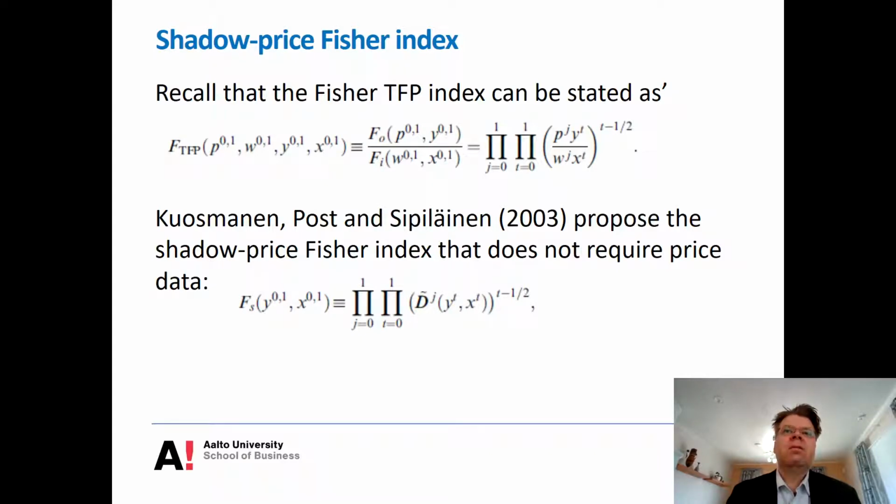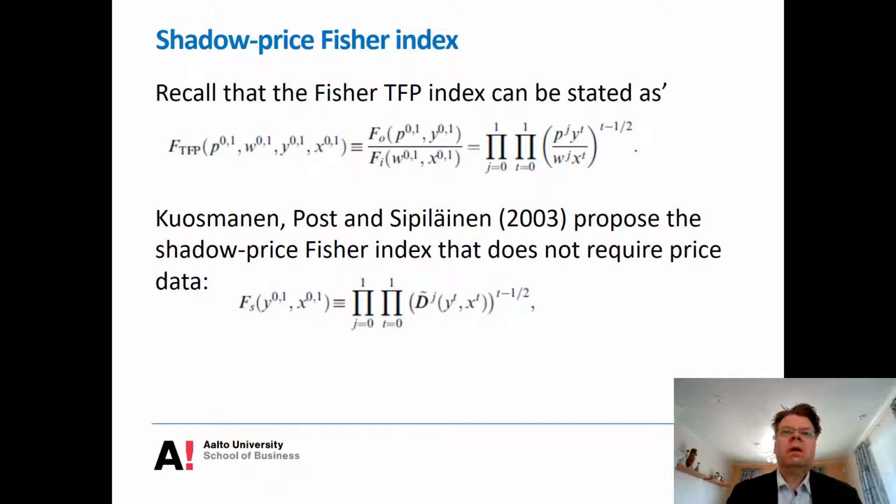And we can express it equivalently as in this first equation. In that sense, it's like a geometric mean of such output-input ratios using these prices P and W as weights.